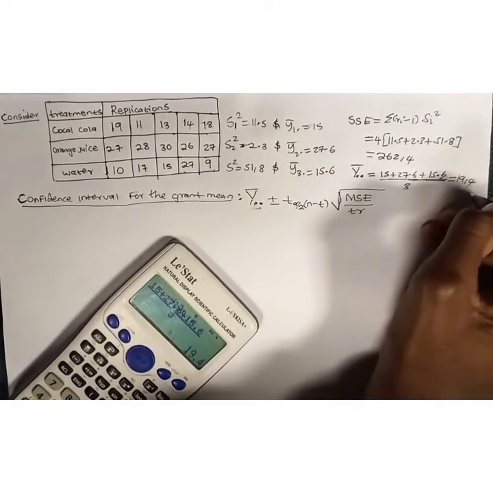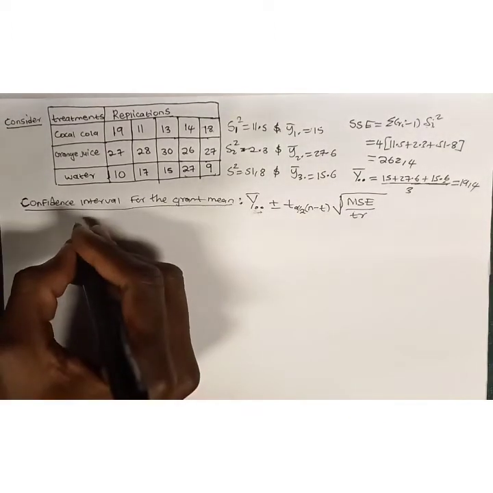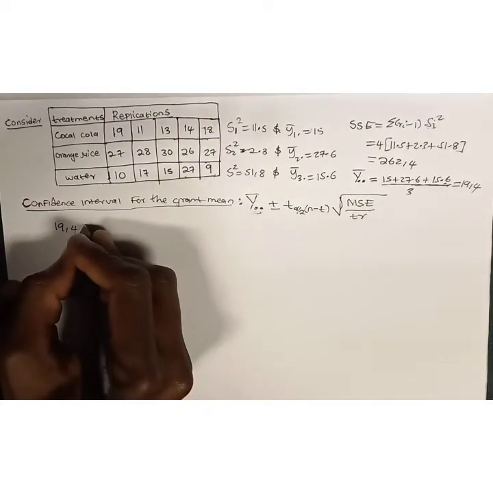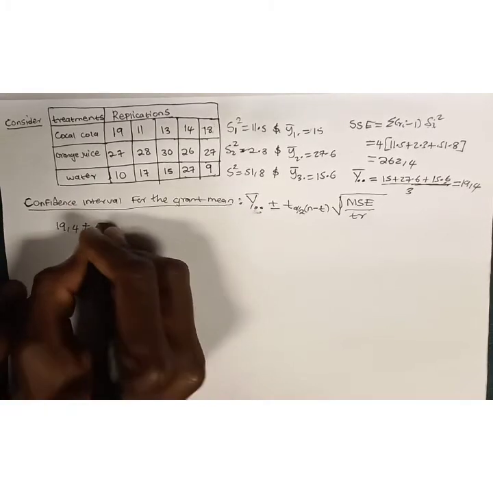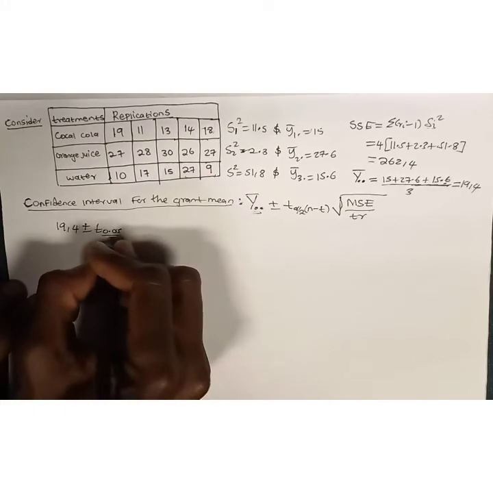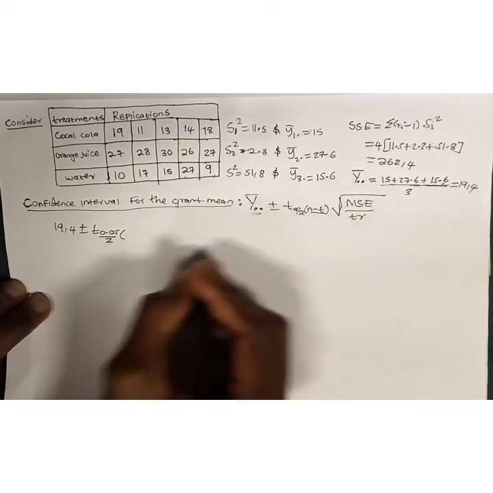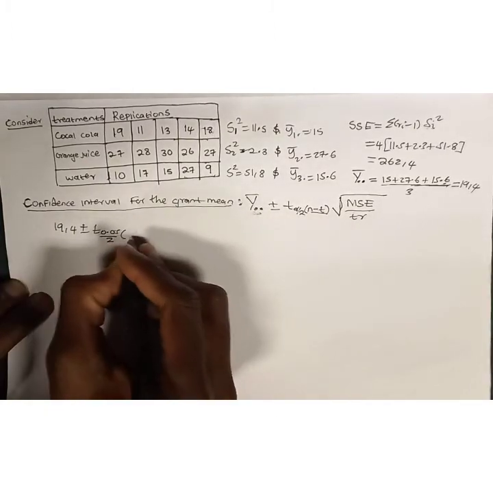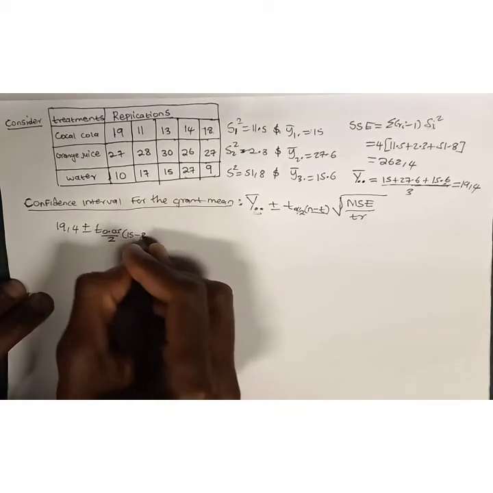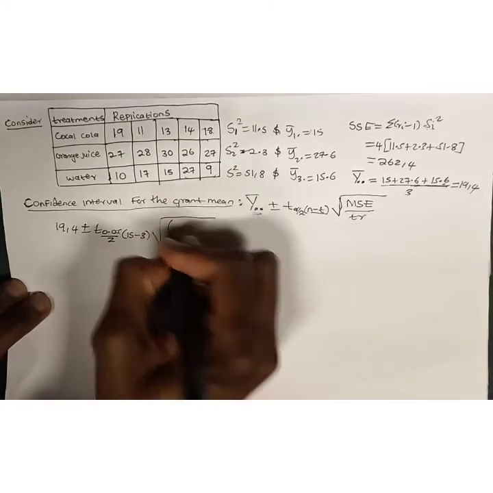So now let us do the confidence interval for the grand mean. I will have 19.4 plus or minus t of 0.05 divided by 2, with the degrees of freedom of the error, which in this case is 15 minus 3, times the square root of MSE. So how do I get MSE?